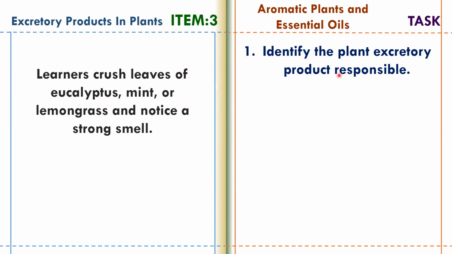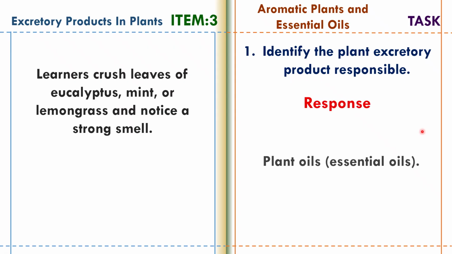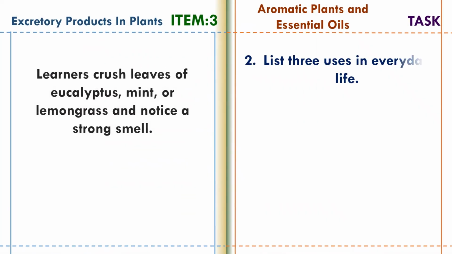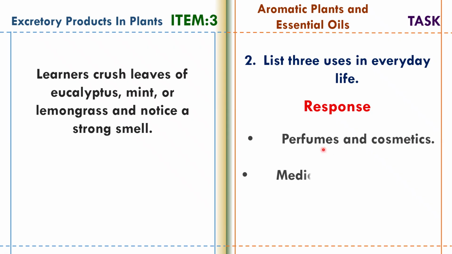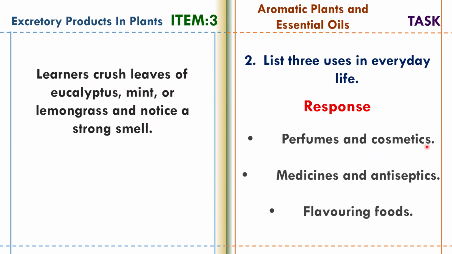Identify the plant excretory product responsible. Plant oils, essential oils. List 3 uses in everyday life. Perfumes and cosmetics, medicines and antiseptics, flavoring foods.